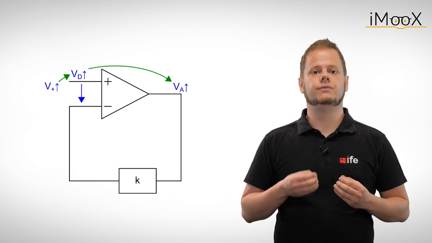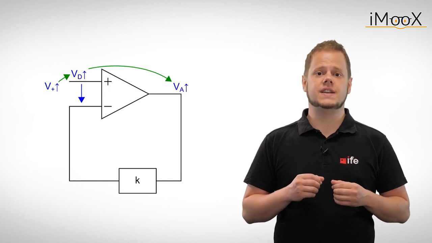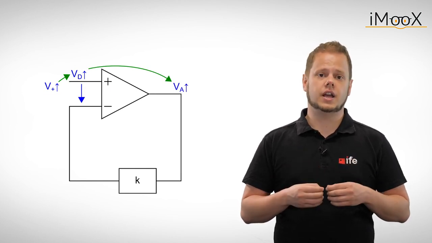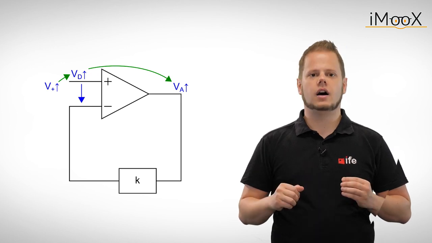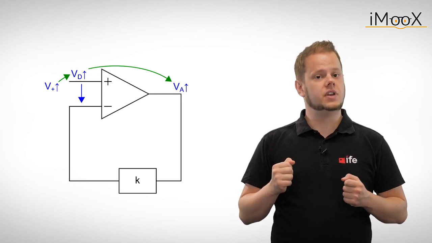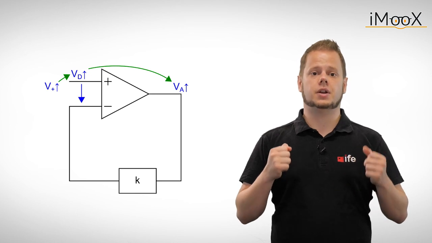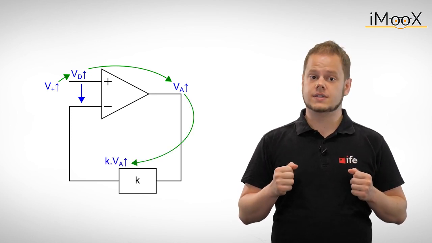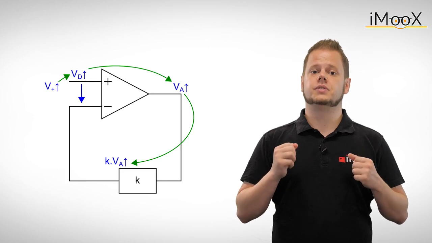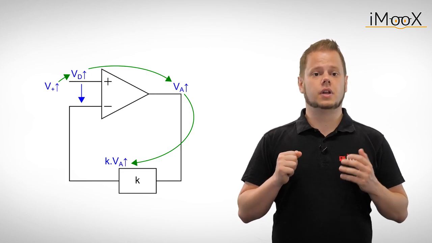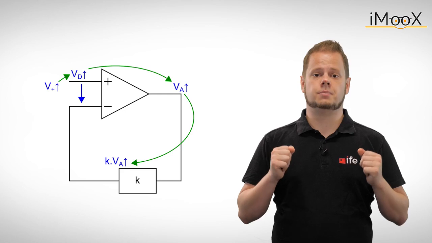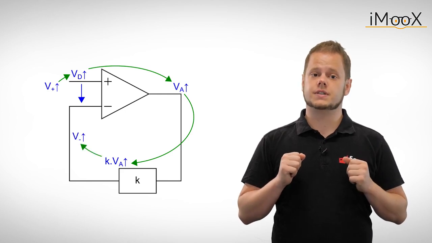The output voltage VA increases with increasing VD due to the differential gain of the amplifier. Along with the output voltage VA, the output of the feedback network, K times VA, rises. As the output of the feedback network is connected to the inverting input of the operational amplifier, V- increases.